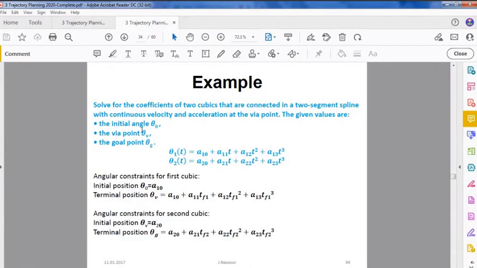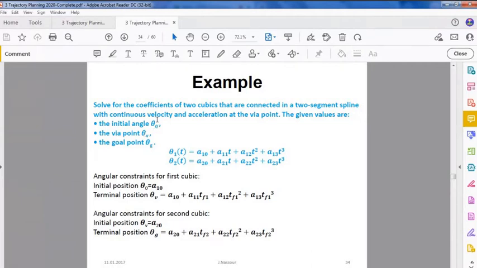But now you have a via point in between 0 to goal. So actually you need to calculate twice. That means you calculate between 0 to via point and then via point to final or goal.